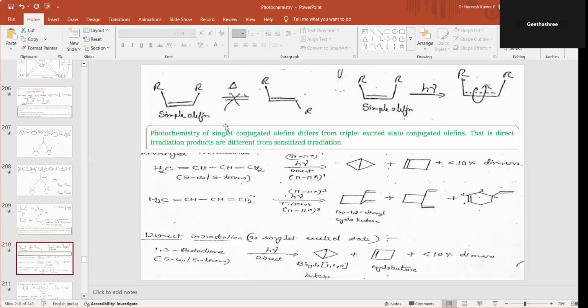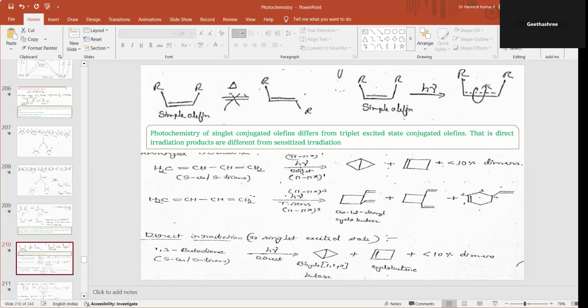With this, I think this example we discussed earlier, more particularly when we were discussing the butadiene. So this butadiene on irradiation with the singlet excited state, we discussed under the heading of singlet excited state products and triplet excited state products.